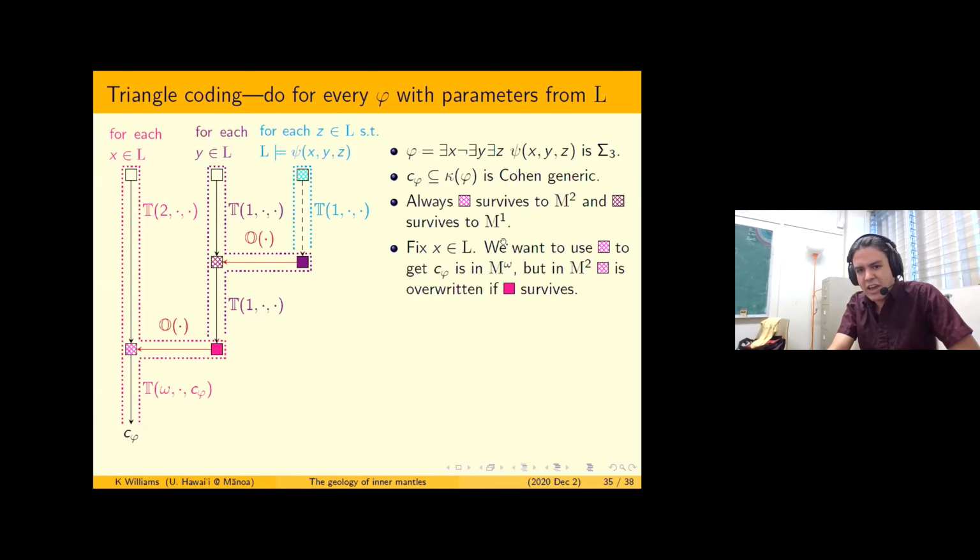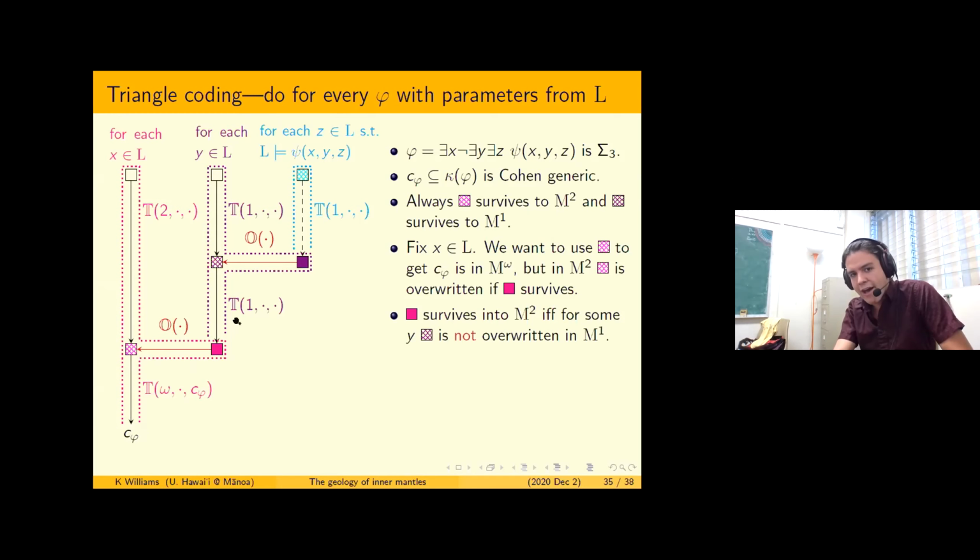Okay, but in the second inner mantle, this thing gets overwritten if this overwrite block survived. So we have to ask, did the overwrite block survive to the second inner mantle? Well, that means we have to look at what happened for y. So this overwrite block for a fixed x is going to survive if and only if for some y, y's purple coding block is not overwritten.